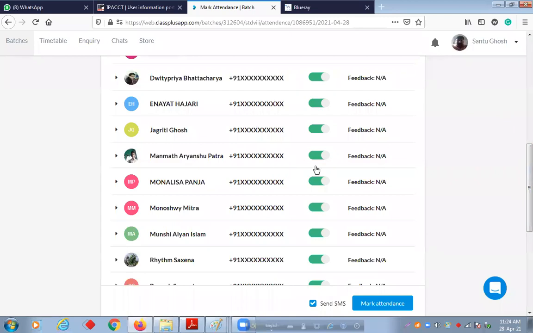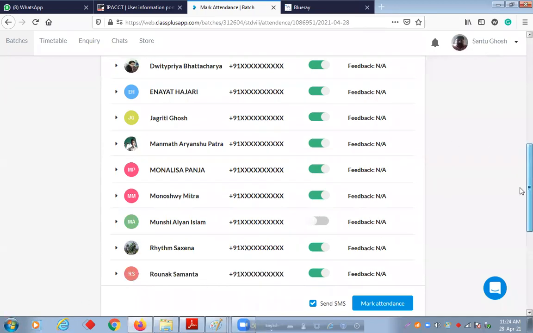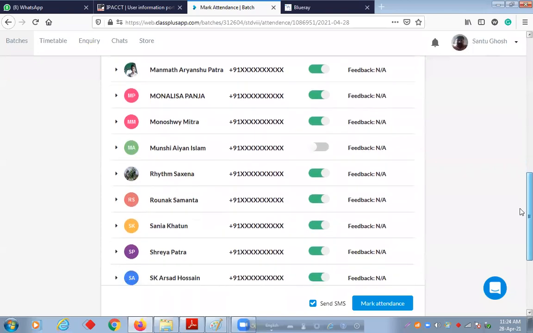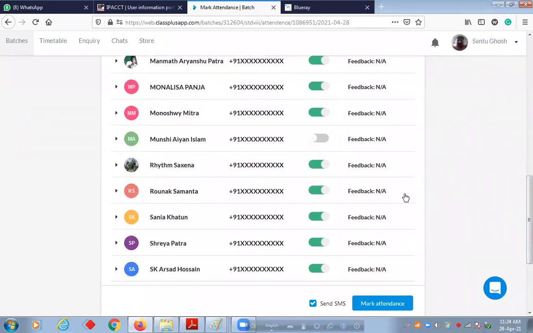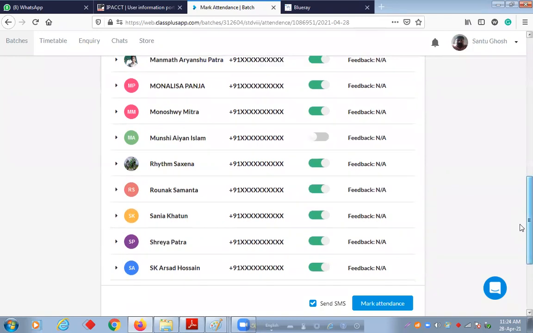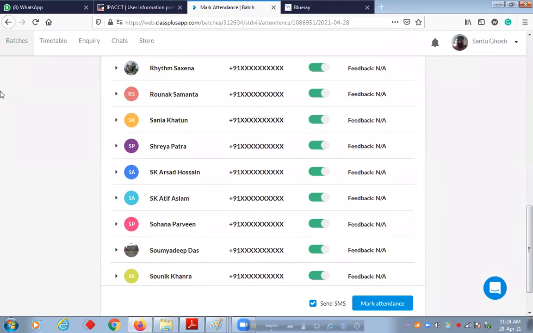Manmat Aryanshu came. Munsi Ayan Islam, are you there? No, absent. Rhythm Saxena is present. Ronak present. Sania present. Shreya present. Arsad present. Okay, no problem.